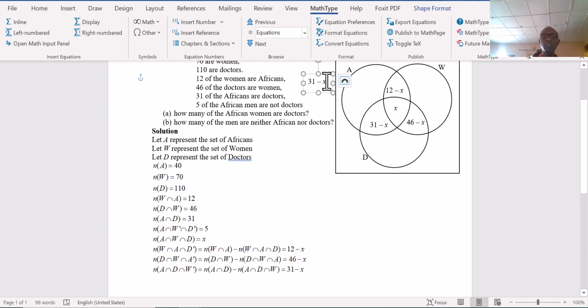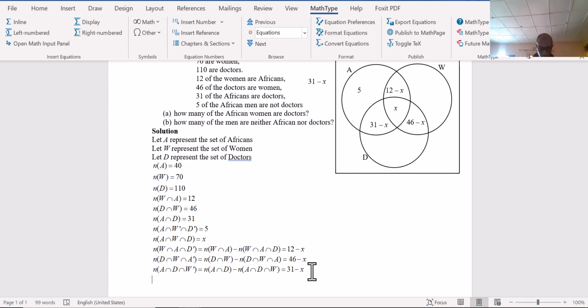So I will write, let me drag this here, and write 5, because that's what the information is telling us, that those who are there is 5. So all our A, those who are African, the total number of Africans is 40. So everything in that circle of A must tally to 40.